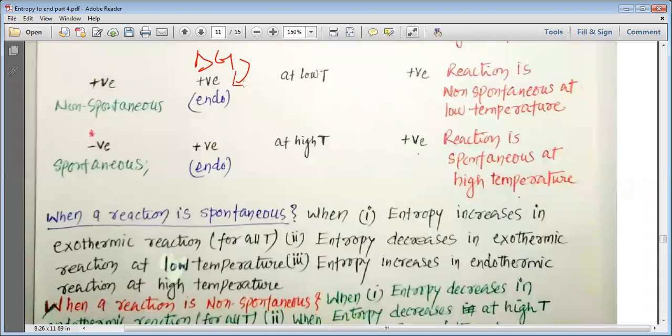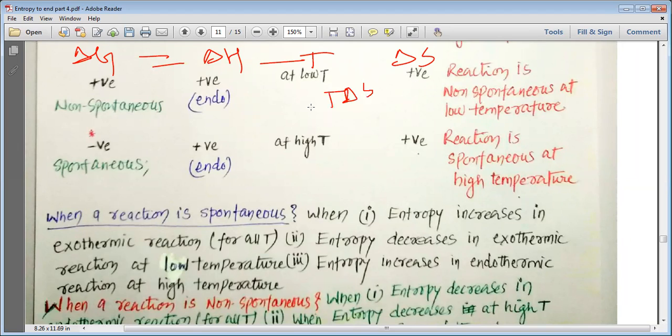So suppose you have positive delta G. This is delta H, this is your delta G, this is T, and this is delta S. We have this relation. Now if delta S is positive, then minus T delta S is going to be negative.